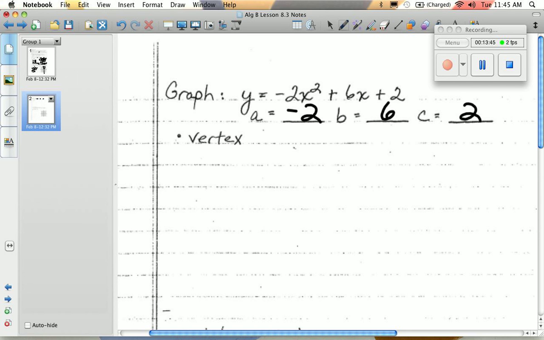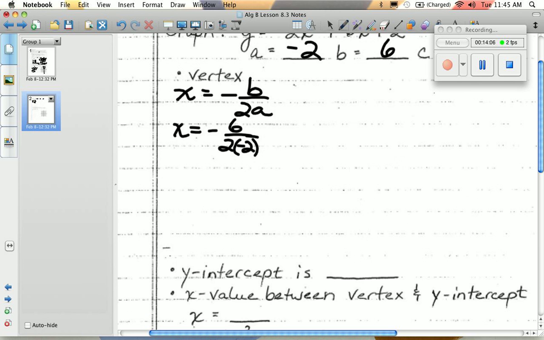Okay, remember we do x equals -b over 2a, which is -6 over 2 times -2. We're finding our axis of symmetry, which will tell us the x value of our vertex. Typically it's better to just let that negative sign keep coming along, or you can assign it to the upstairs if you want.